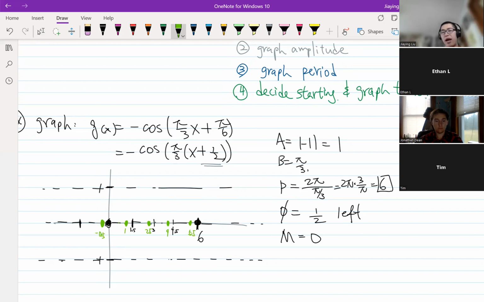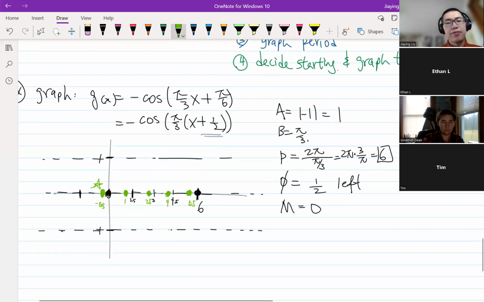So now I still have these 5 points, 1, 2, 3, 4, 5. These 5 points divide the period into 4 parts. But the first one is going to be my starting point, not the starting point on the actual function, but the starting point of the period. And the 5.5 is the ending point of the period.